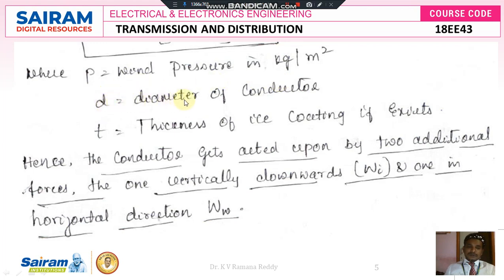Small t is the thickness of ice coating, if it exists, because ice coating does not take place for all conductors, but only at some locations wherever that climatic effect is there.